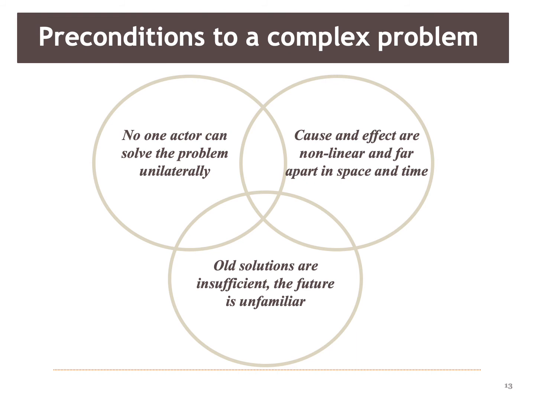Secondly, cause and effect are non-linear and far apart in space and time. So let's use the example of urban spatial planning or urban cities in South Africa. Many of them grew and were designed during the apartheid era.